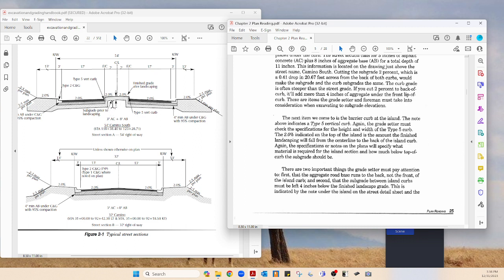In other words, this is the subgrade they're talking about right here. You've got to leave this in there. This whole thing is dirt to begin with, so it's compacted dirt, and you've got to leave 4 inches below the finish line so you can have that 4 inches there. That's what that note is talking about.